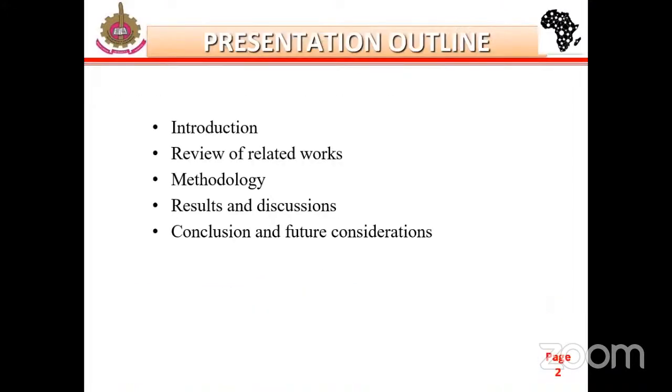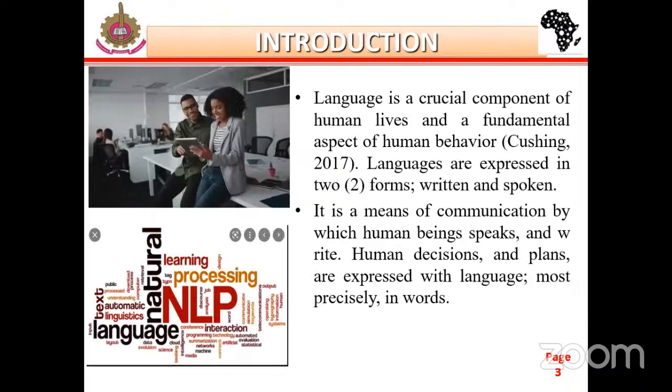The outline of my presentation is the introduction, review of related works, methodology, results and discussion, as well as conclusion and future directions of the research. As we all know, language is a crucial component of human lives and a fundamental aspect of human behavior.